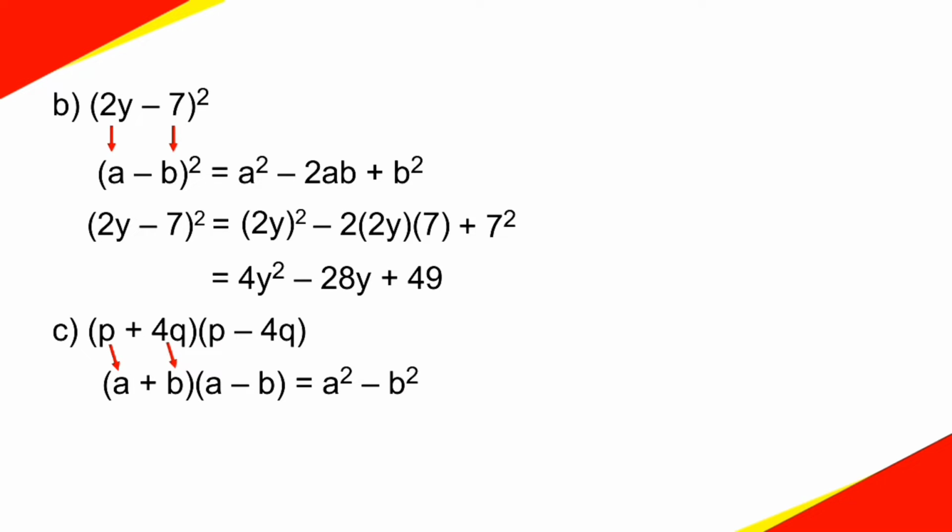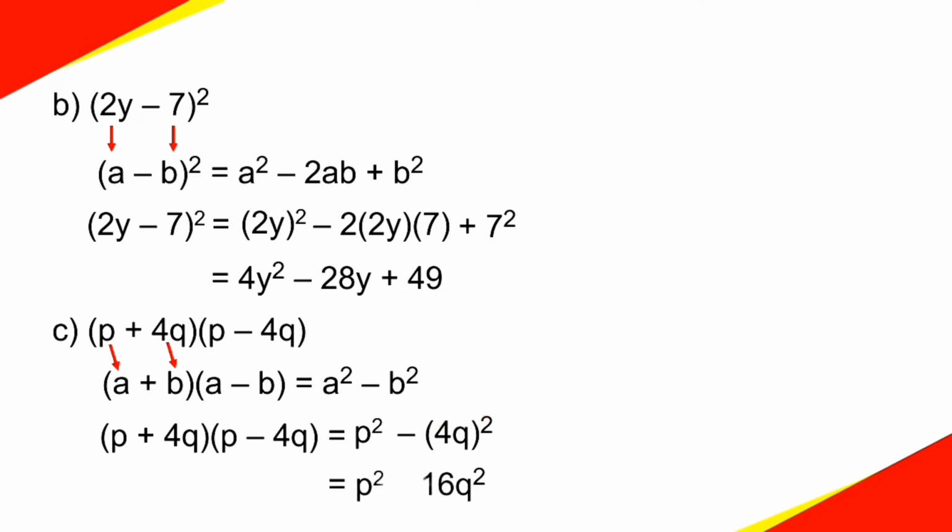Now a value and b value I am going to substitute in the formula. When I substitute in the formula, what I got? (p + 4q)(p − 4q) is equal to, right, p² minus b value is 4q, (4q)². So what we can get? Right, p² minus 4 4s are 16, so 16q². Okay.